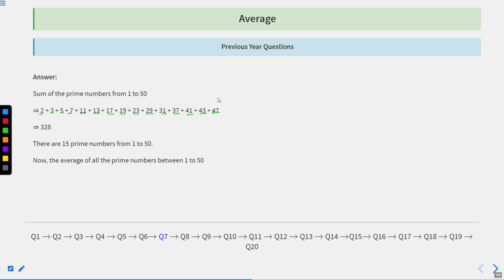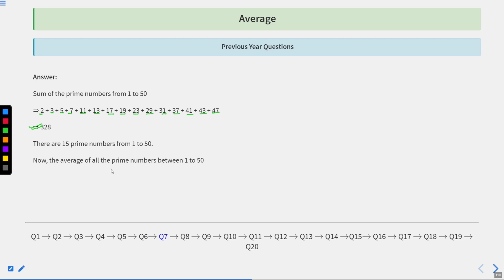If I want to find the average of all these prime numbers, then I have to take the sum and divide it by the number of prime numbers. So here 15 prime numbers lie between 1 to 50, and we need to find the sum as well. The sum of these prime numbers is going to be 328. So there are 15 prime numbers from 1 to 50.